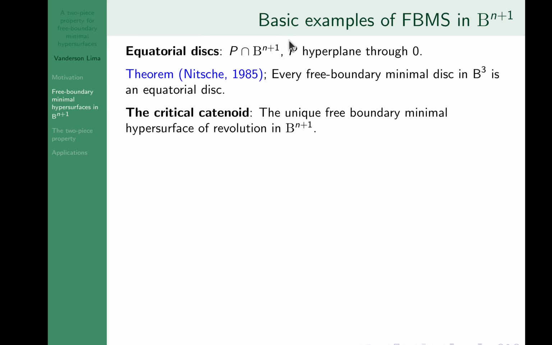Okay, the next examples are the critical catenoids in dimension n. So this is the unique, up to congruence, free boundary minimal hypersurface of revolution in the Euclidean ball. So this is homeomorphic to a product of a closed interval with the sphere of dimension n-1. In particular, if n is equal to 3, then we are inside the Euclidean three-ball, so this is homeomorphic to an annulus.